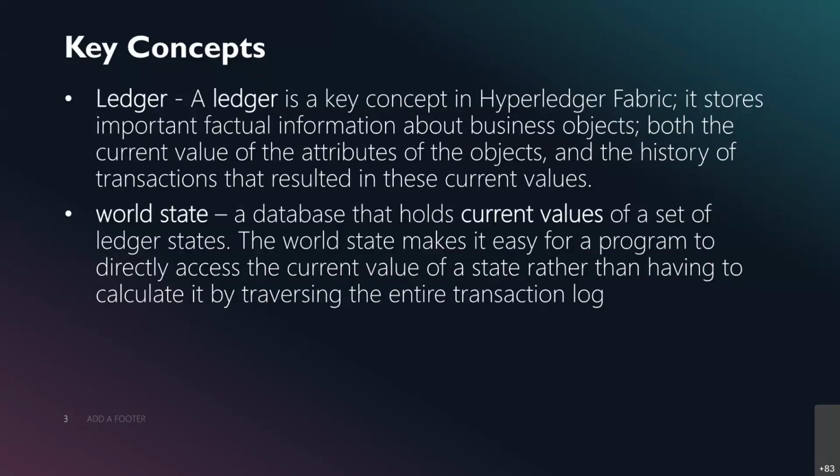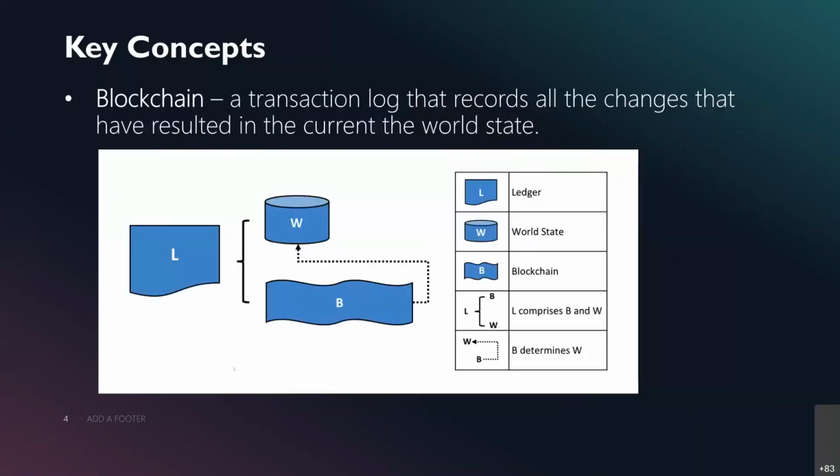The next thing, can you go to the next slide, Murali? Yeah, this. So next one is the blockchain. The blockchain is a list of records, a transaction log that records all the changes that have resulted in the current world state. So you cut your fruit into three pieces.